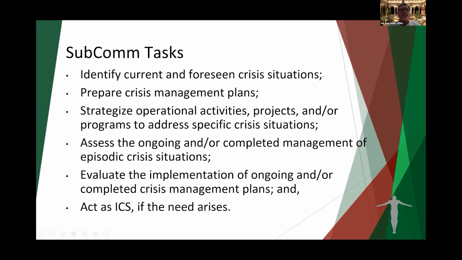You identify current and unforeseen crisis situations, prepare your subcom CMP, strategize operational activities, projects, and or programs to address specific crisis situations, assess the ongoing and or completed management of episodic crisis situations, evaluate the implementation of ongoing and or completed crisis management plans, and act as the ICS if the need arises.